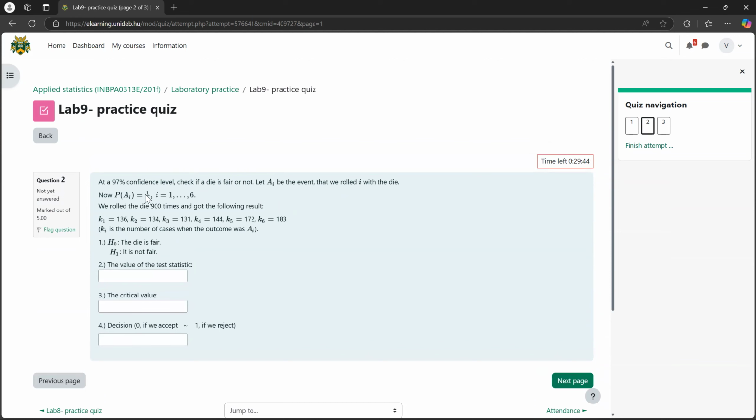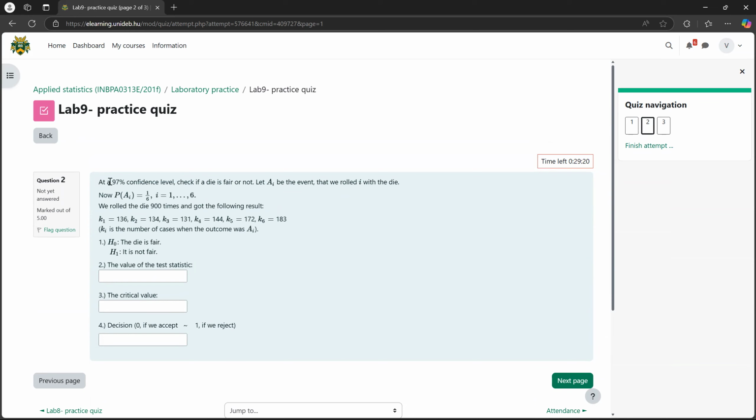Okay, this one is the uniform distribution. We're not given a Poisson distribution, but you know how to solve it anyway. So 97% confidence level. We need to check if a dice is fair or not. Each side has the same probability, 1 by 6. We roll it 900 times.